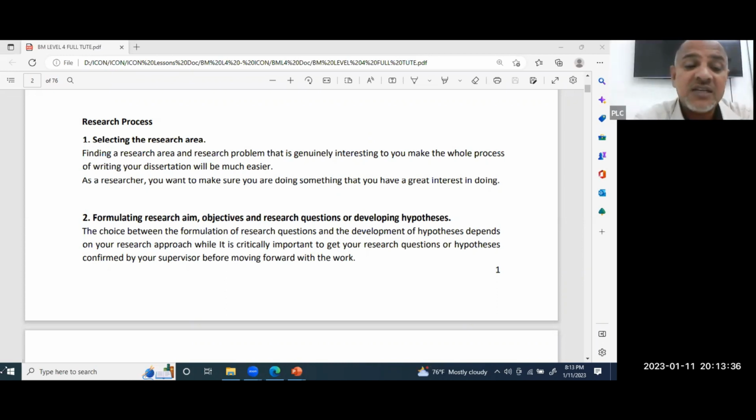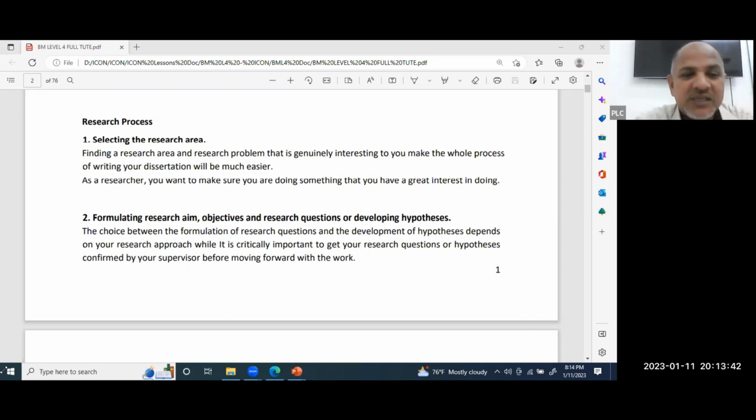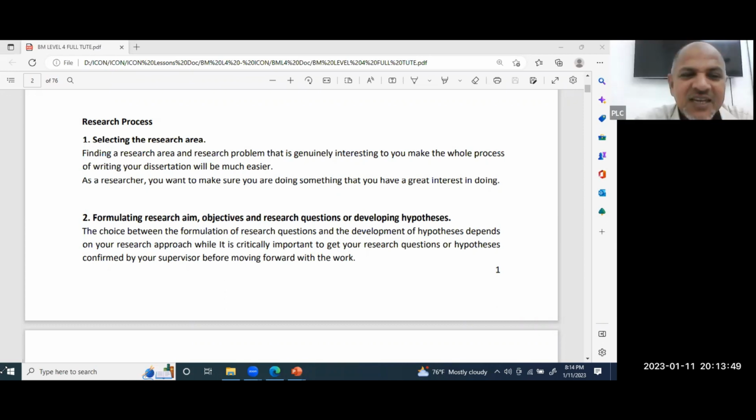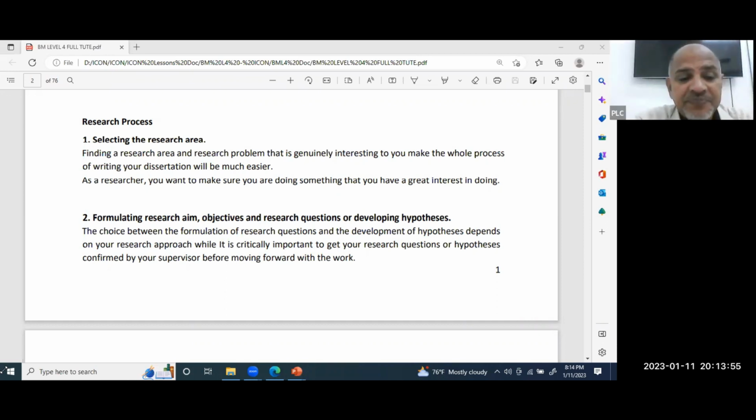What are the functional areas? Marketing, finance, HR, operations. You understand? These are the business areas. So you have to go to your business area.